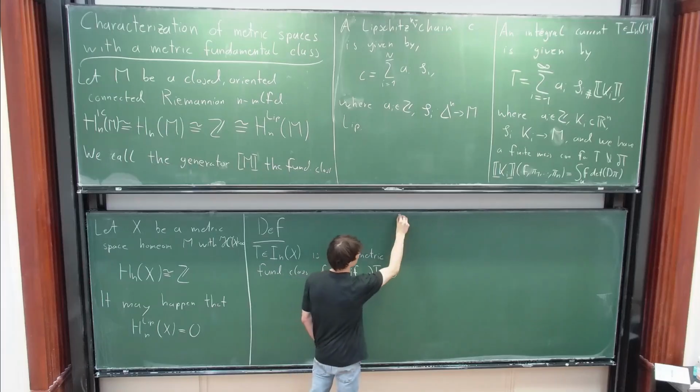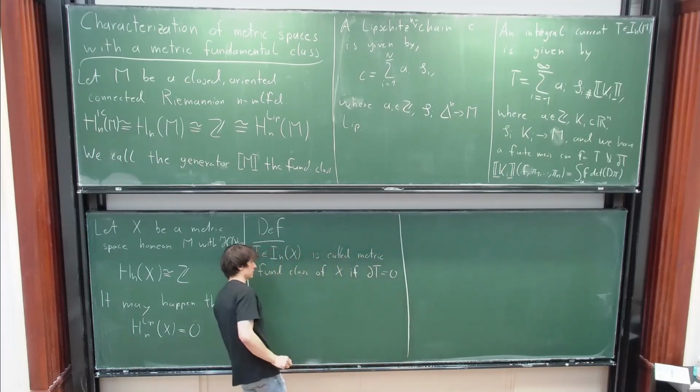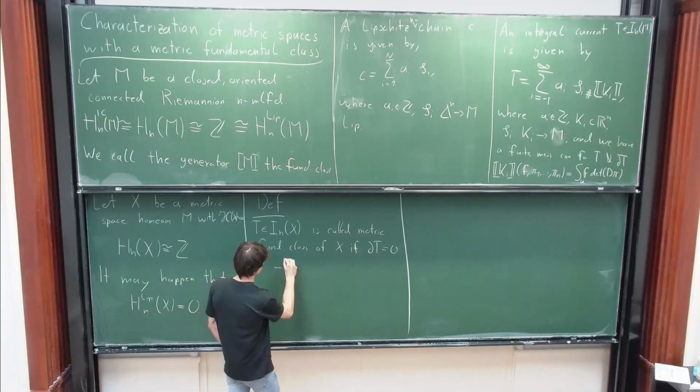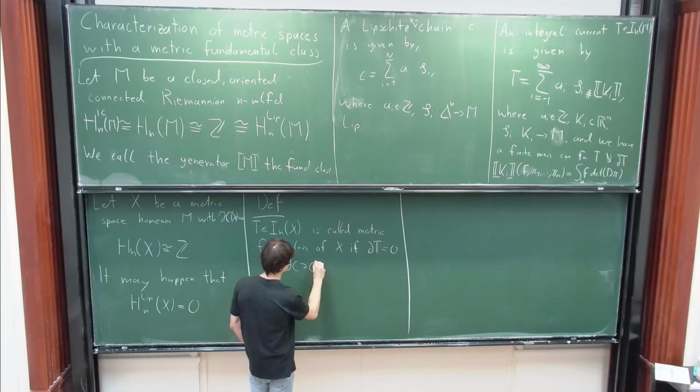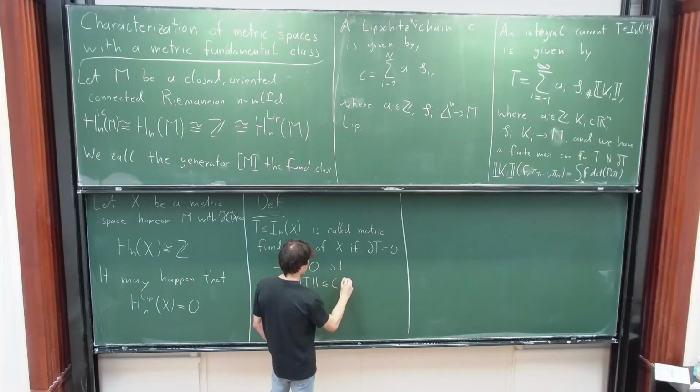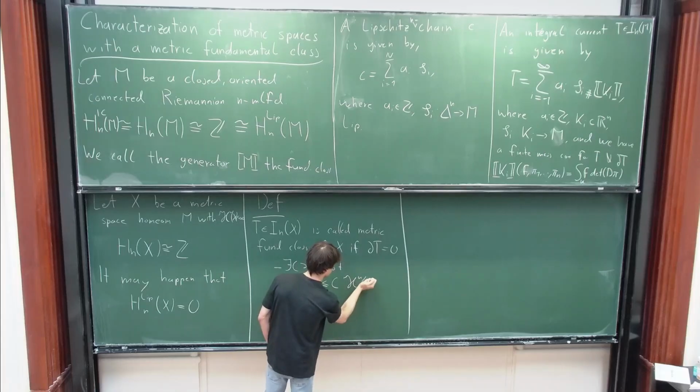I recall that we look at closed manifolds, so the fundamental class should also have no boundary. Then we want that there exists a constant such that the mass measure of T, and we'll say something about this in a minute, is bounded from above, up to a constant, by the Hausdorff measure.